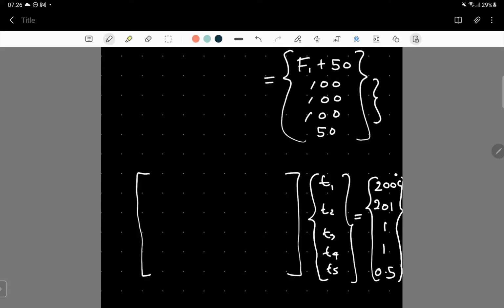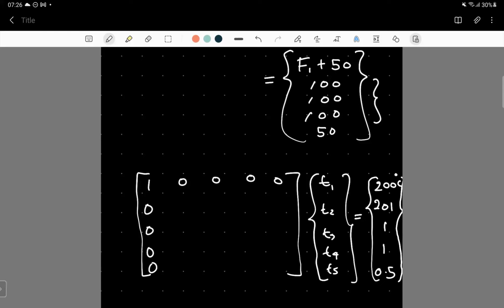So once again, what we have done is we have substituted the known temperature 200 degrees, and we divided both sides of the equation by 100. And then by transposing the known terms to the right hand side, we would get this. So what we did was we made the first element of the first column and first row 1 and set all the other elements to 0.